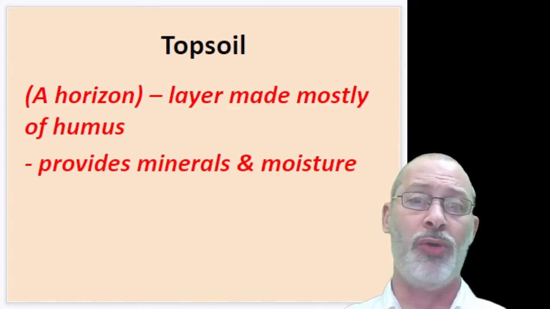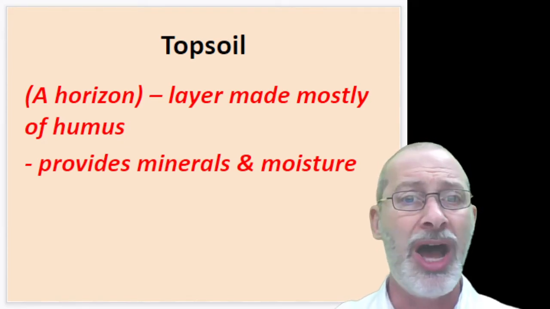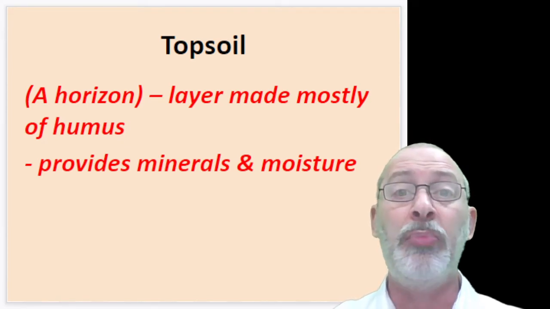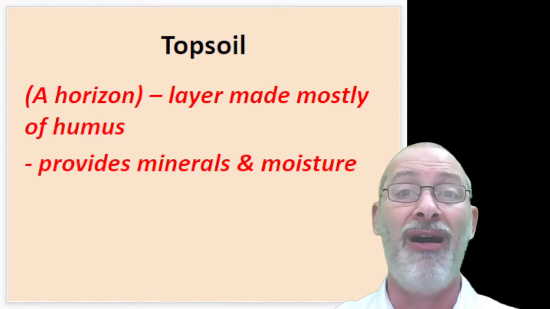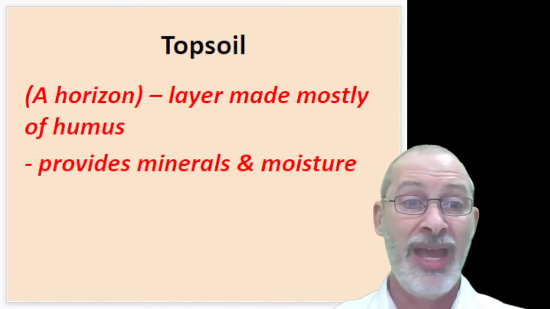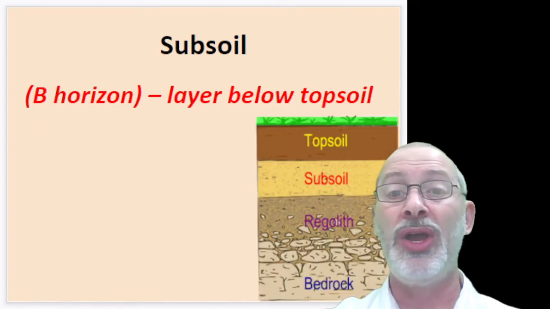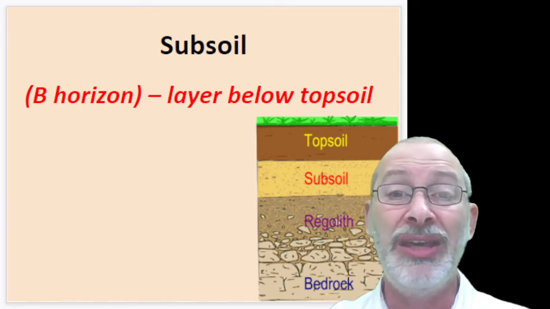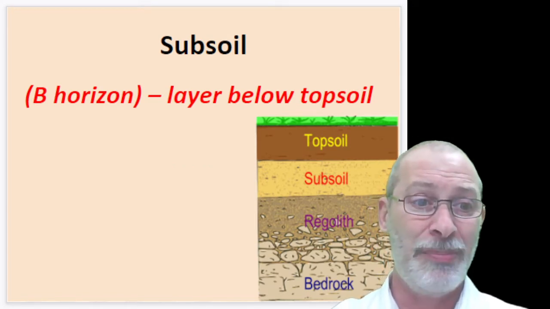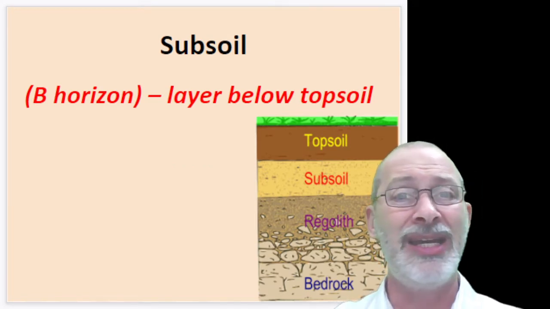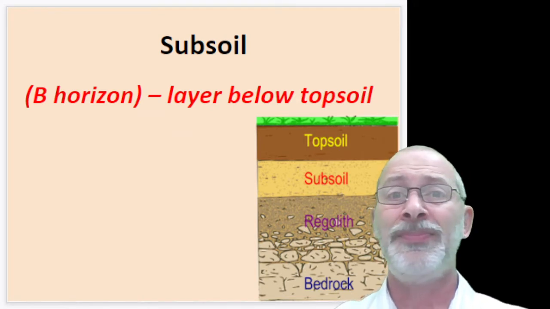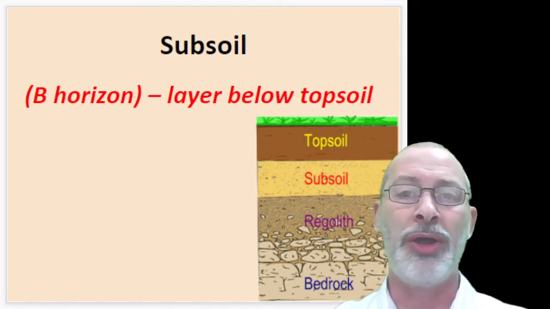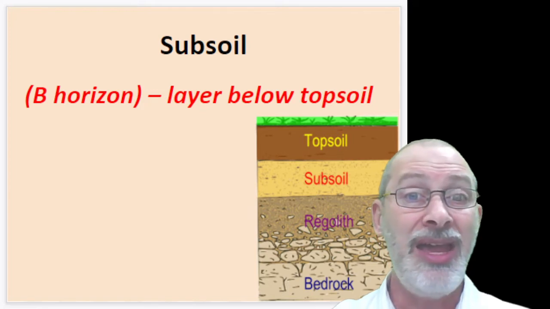The Dust Bowl, a decade of dry weather, literally blew the topsoil off the land, and it exposed the soil underneath, the B horizon. And the B horizon is not nearly as good for growing crops as the A horizon.